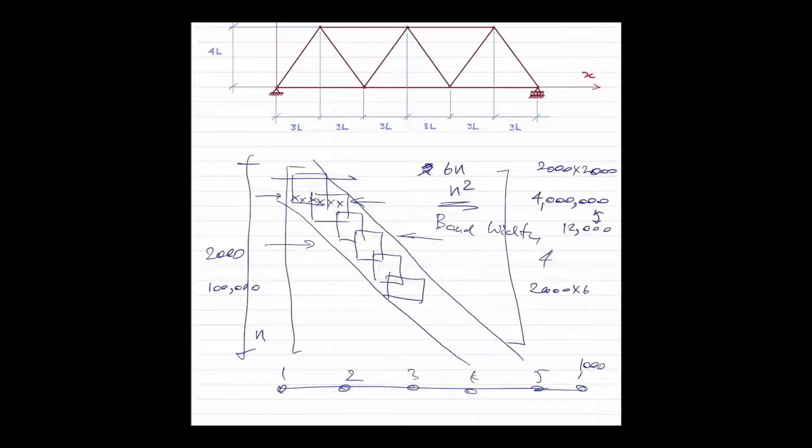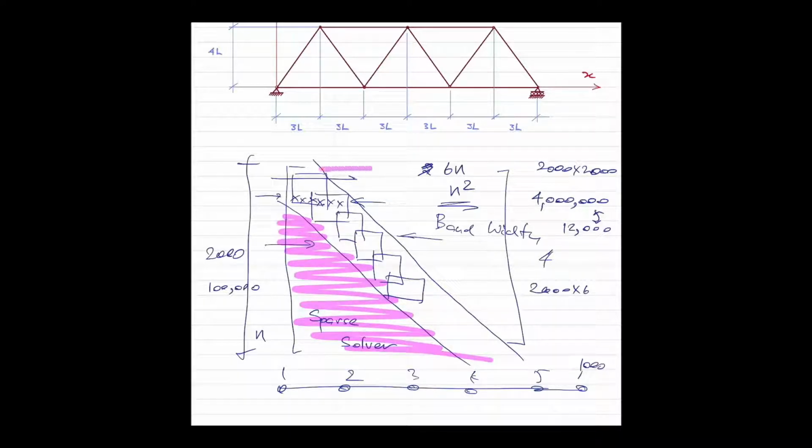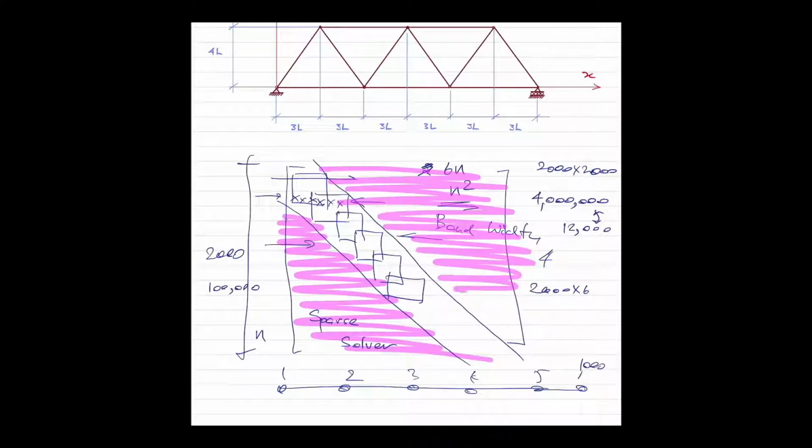That's huge, and you can go the other way around by using the sparse solver, S-P-A-R-S-E. Essentially, the sparse solver does this: it eliminates the zero values. It doesn't collect the zero values; it keeps only the non-zero values.